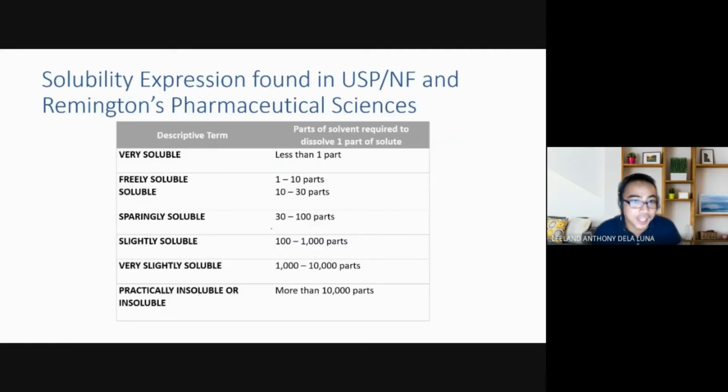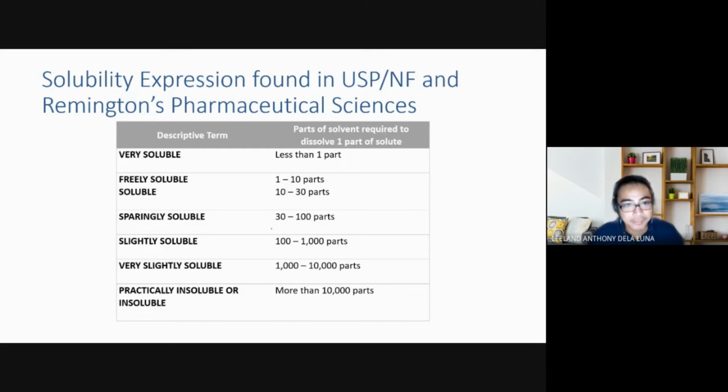Ito yung mga definitions natin, class, for solubility, descriptive terms. Okay, these are the quantitative descriptions for solubility. Okay, so normally, class, it is expressed in parts. Alright, so kung halimbawa, ang parts natin is expressed in grams.